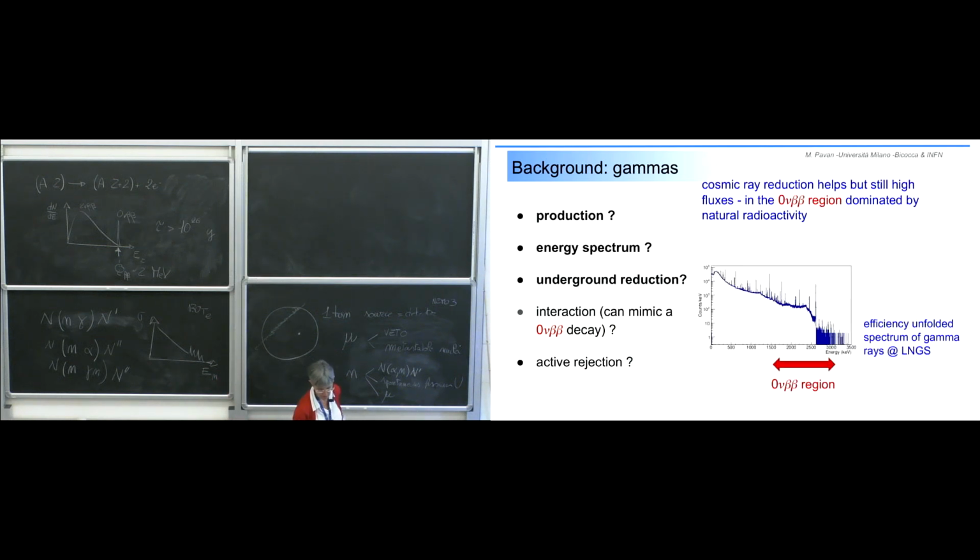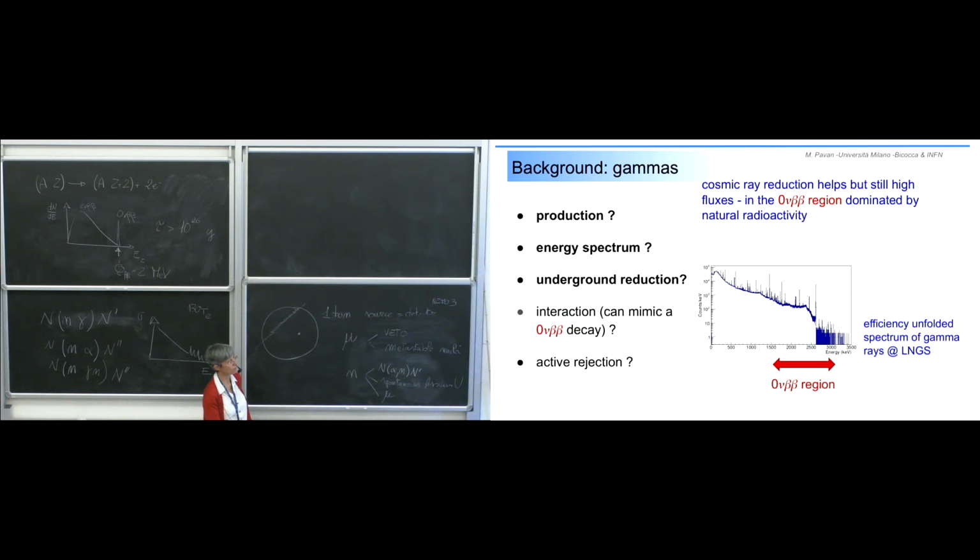When I go underground, they are much reduced, and this is the spectrum that we measure. For example, this was collected in Oley and at Gran Sasso, so you see this decreasing flux with peaks.